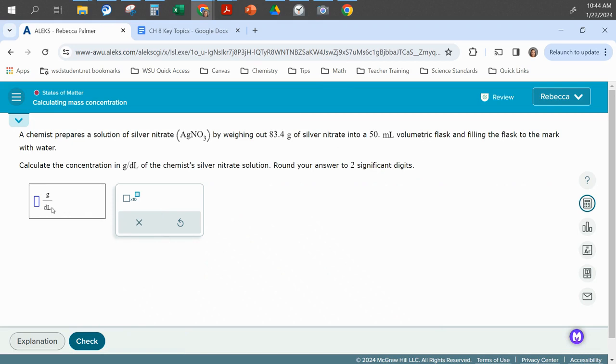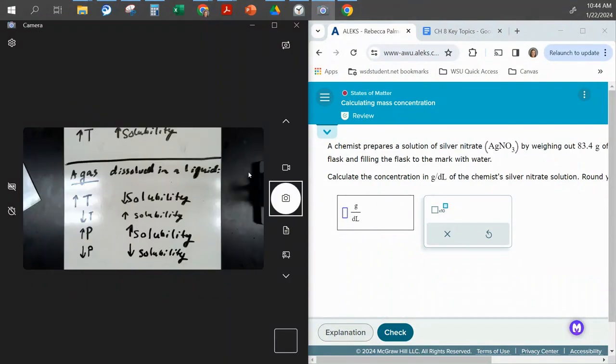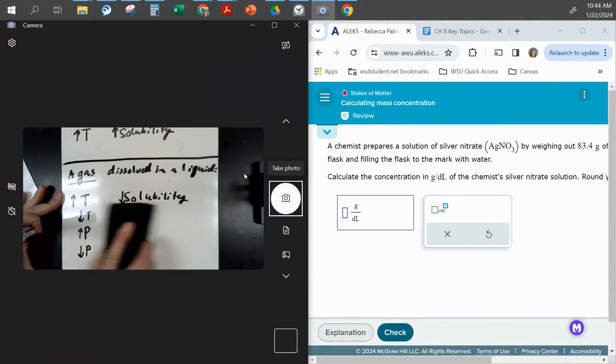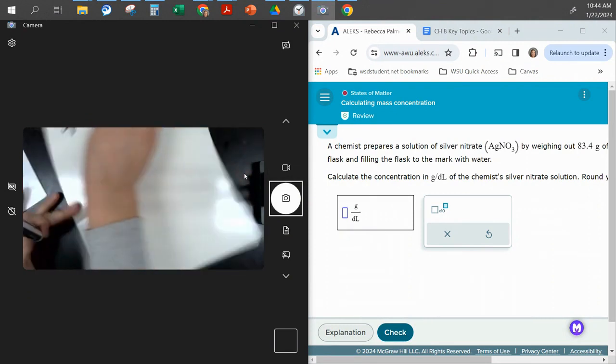Okay, deciliter. So it's looking for grams per deciliter. All right, we have grams, so that's pretty straightforward. We have to convert milliliters to deciliters. So this is hard for me. So I like to convert everything to liters and then go to the other one. If you can do it a different way, then you should do it the way that makes the most sense for you.